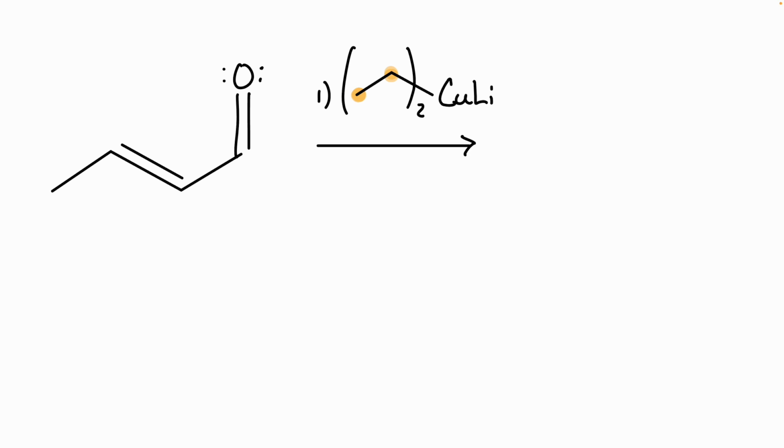Right, and we're going to form a new bond between our electrophile, our beta carbon, and just like before, it's that carbon that's bound to that metal that's going to be our nucleophile in this reaction.